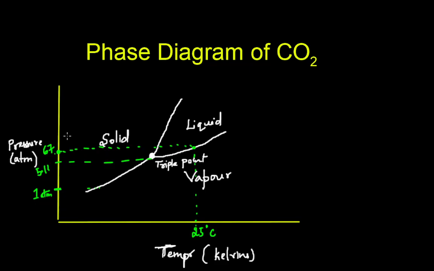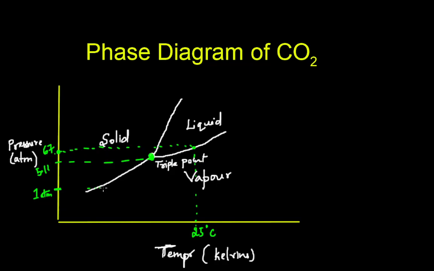So just compare the values here. The triple point exists well above 1 atmospheric pressure, which means the liquid cannot exist at normal atmospheric pressure no matter what the temperature is.